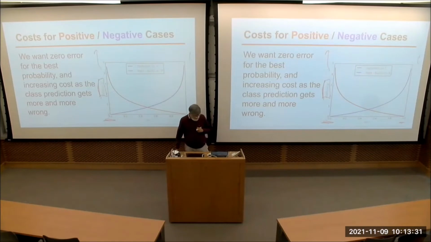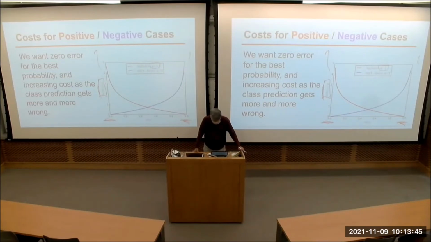What do we want? If the item actually is a training example that is a positive example, a positive example means that its label is 1. If its label is 1 and our model awards it a probability of 1, we are perfectly happy. Probability of 1 means that we're 100% sure that the item is positive.